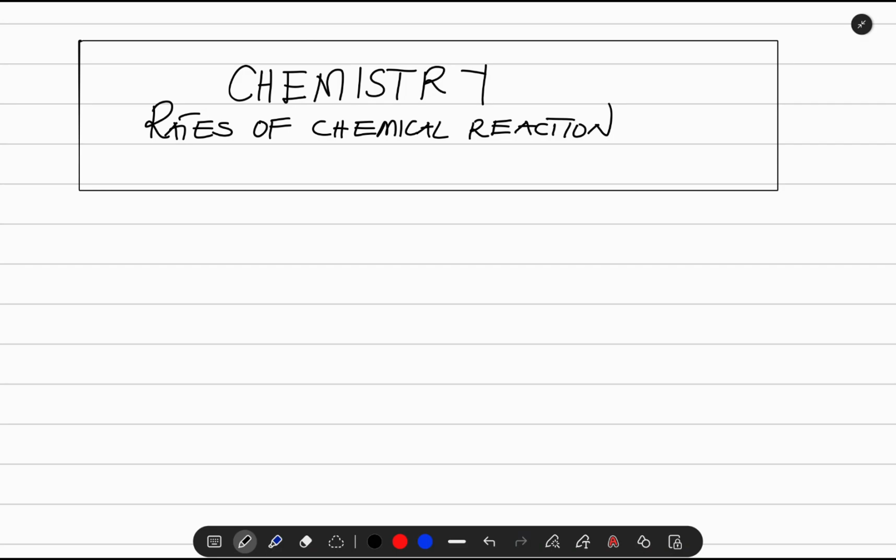All right, so what is this? I've already explained it. A rate of chemical reaction is the speed at which reactants are converted into products per unit time.